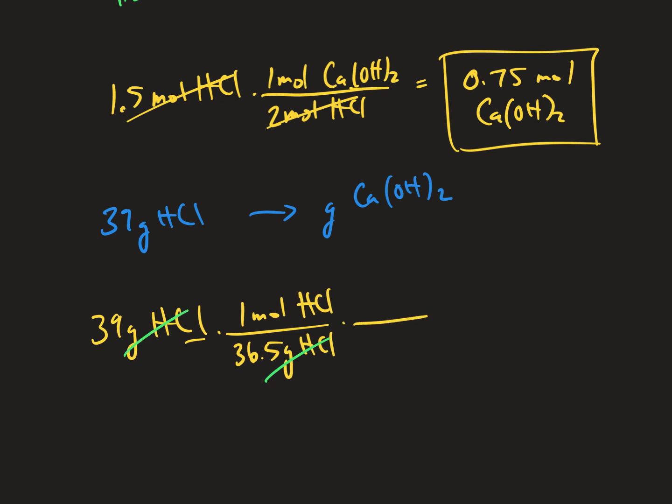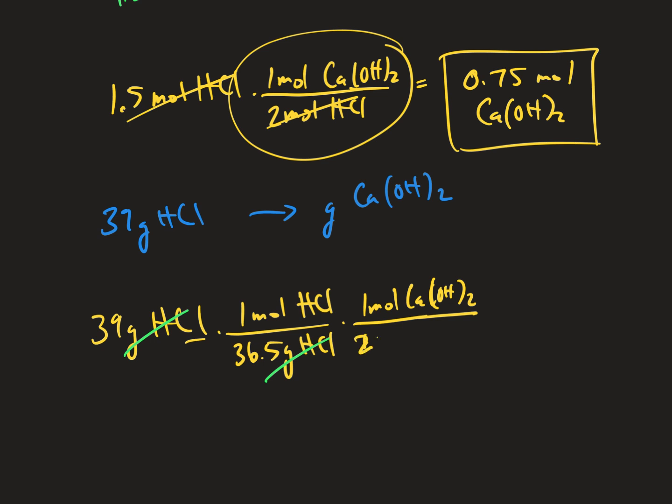Now we have 1 mole of HCl. What can we convert to? Moles of what we're looking for. We just copy and paste that guy right there. Same equation, right? 1 mole of calcium hydroxide to 2 moles of HCl. Moles of HCl go away.